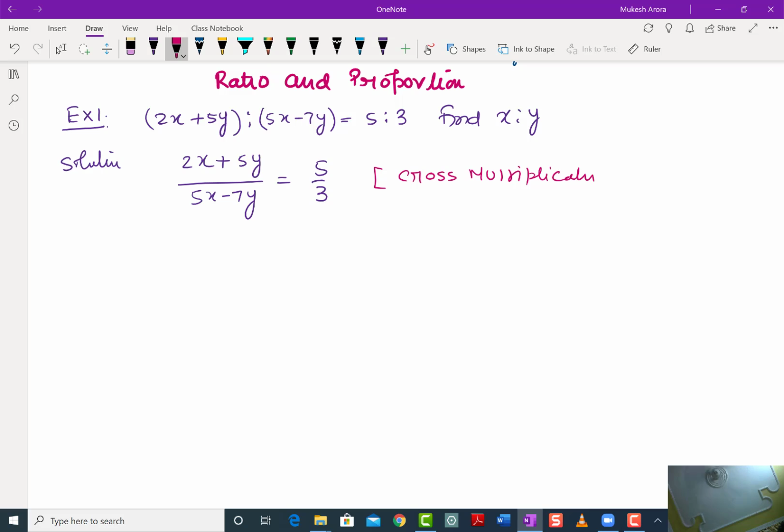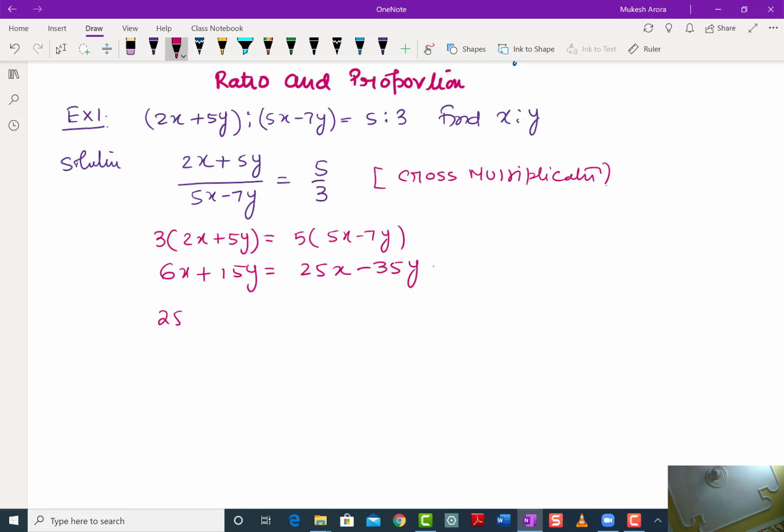When we do the cross multiplication, it will be 3 into 2x plus 5y is equal to 5 into 5x minus 7y. Open it. 6x plus 15y is equal to 25x minus 35y, or 25x minus 6x is equal to 15y plus 35y.